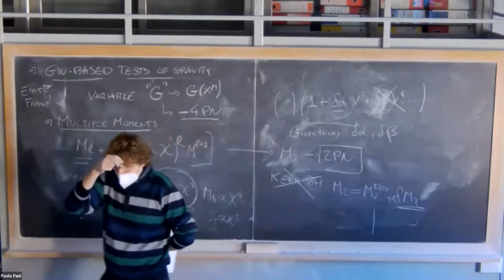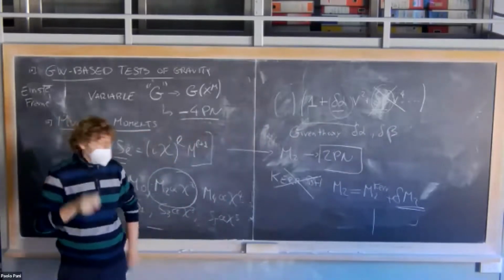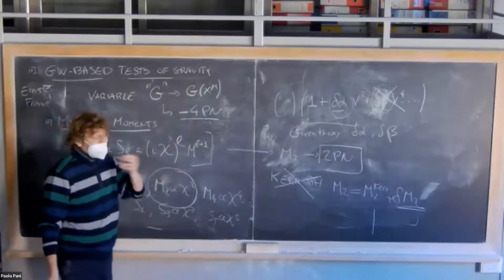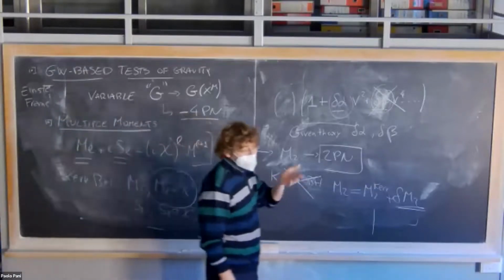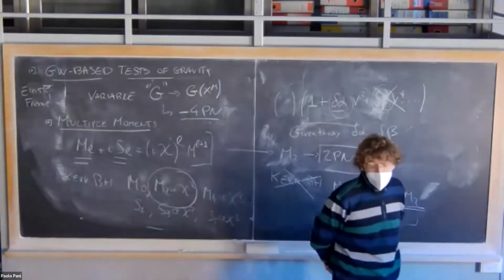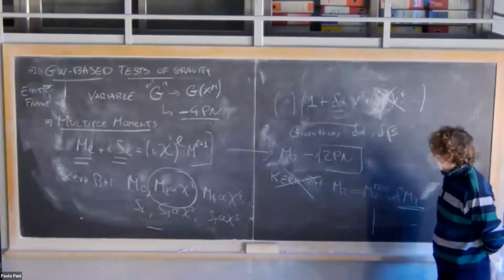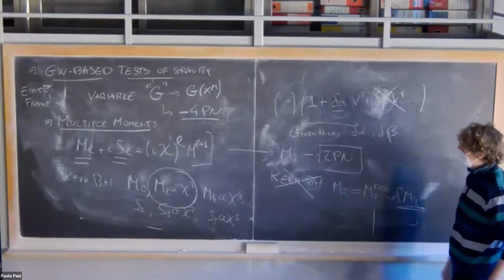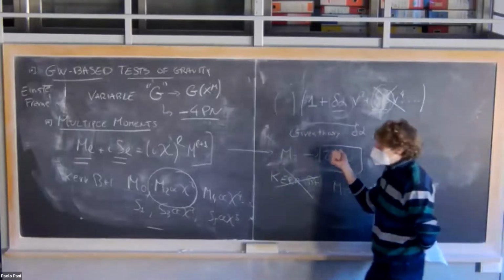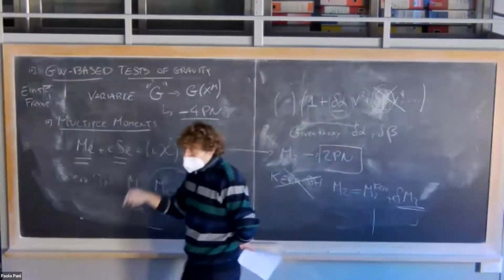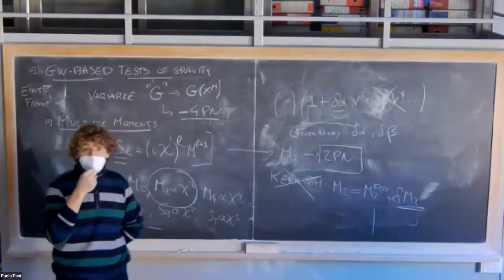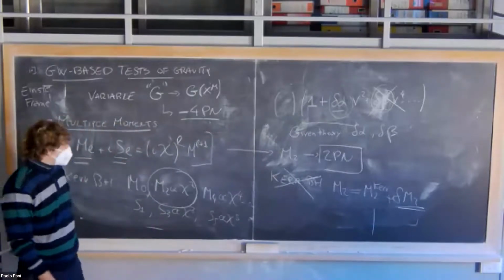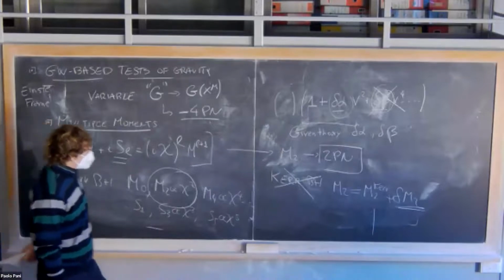And of course, there can be moments that are zero by symmetry in Kerr, like M3 or S2, and they all enter the waveforms at different post-Newtonian order, so they can potentially be constrained by post-Newtonian tests the same way I was mentioning. In fact, in the LIGO paper, you can find several constraints at different PN order of this coefficient that can be translated into constraints on the multipole moment.